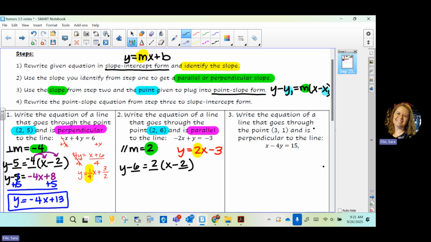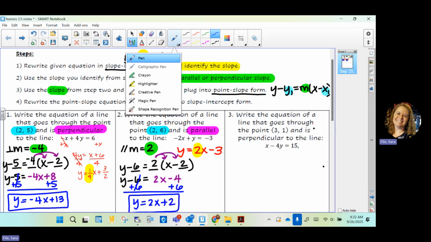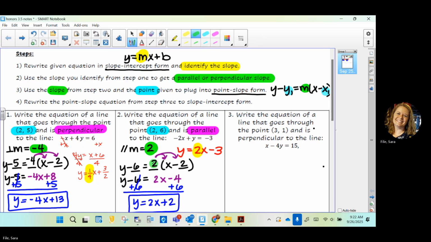And then I'm going to distribute my slope, and then I'm going to move my constant. And then if I wanted to, I could check that in Desmos.